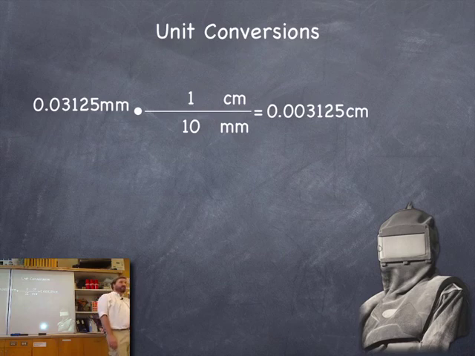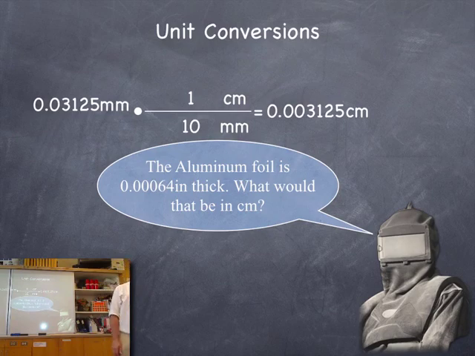our scientists working at the foil factory have measured the aluminum foil. Unfortunately, they're in America, and they made their measurements in inches. So the aluminum foil that you used yesterday should have been about 0.00064 inches thick. What would that be in centimeters?